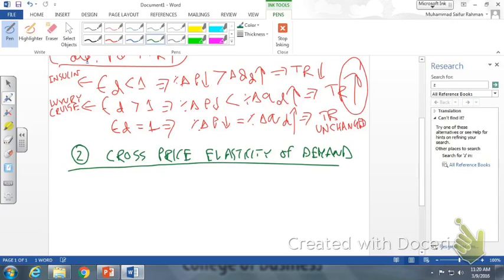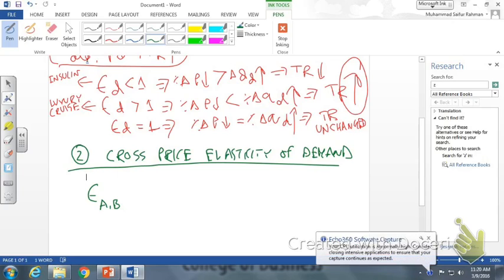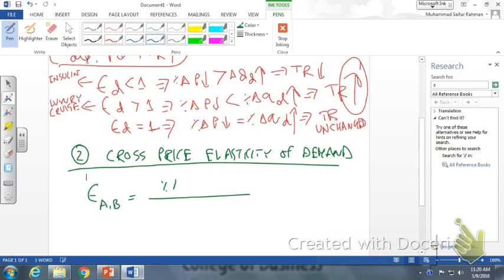And I'm going to use some notation that is instructive, so I'm going to use the same epsilon to indicate my cross price elasticity. But now I'm going to use these 2 notations, A and B, where my cross price elasticity of demand is going to be percentage change in quantity demanded for good A divided by percentage change in price for good B.